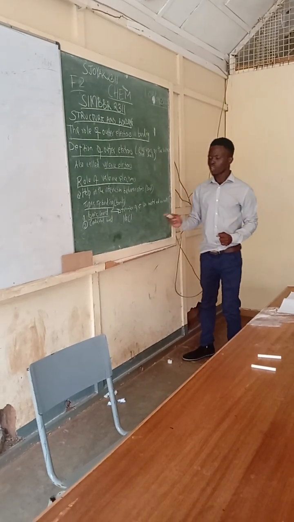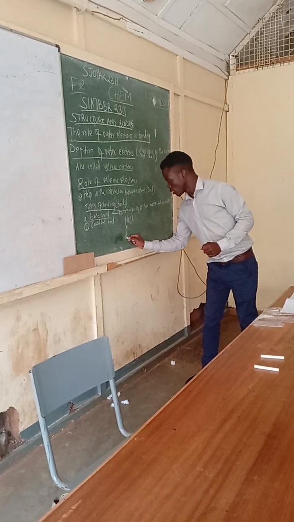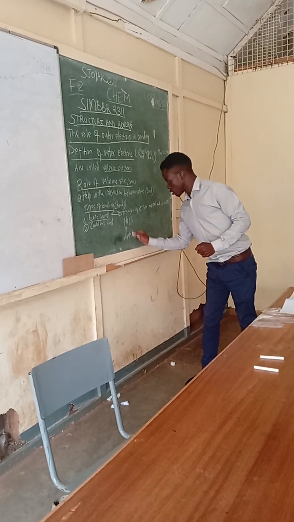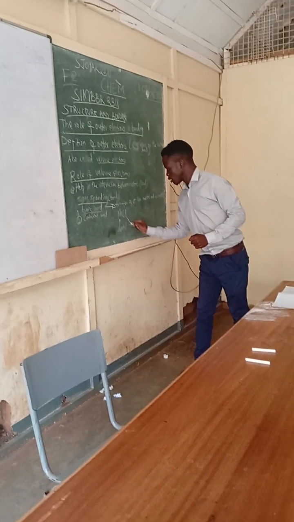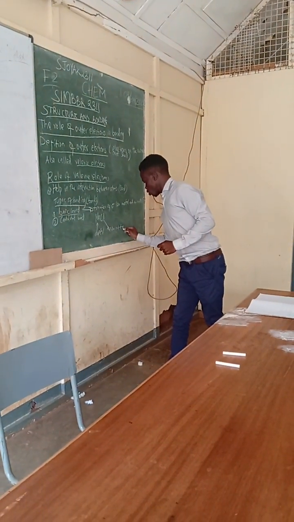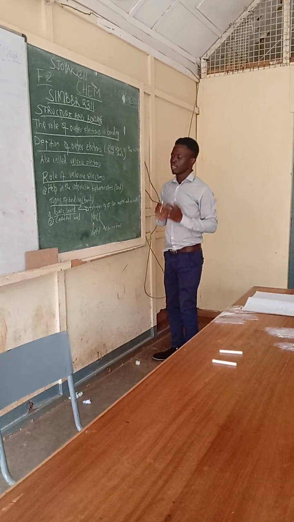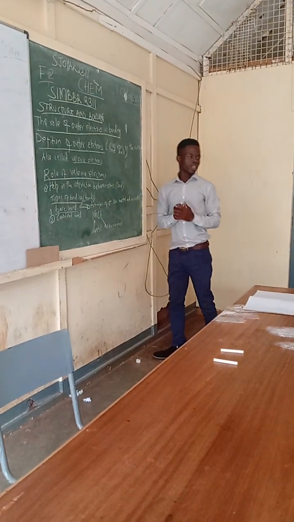Sodium chloride. Sodium is a metal, and chlorine is a non-metal. So when the electrons of sodium and chlorine interact, they come up with an ionic bond.